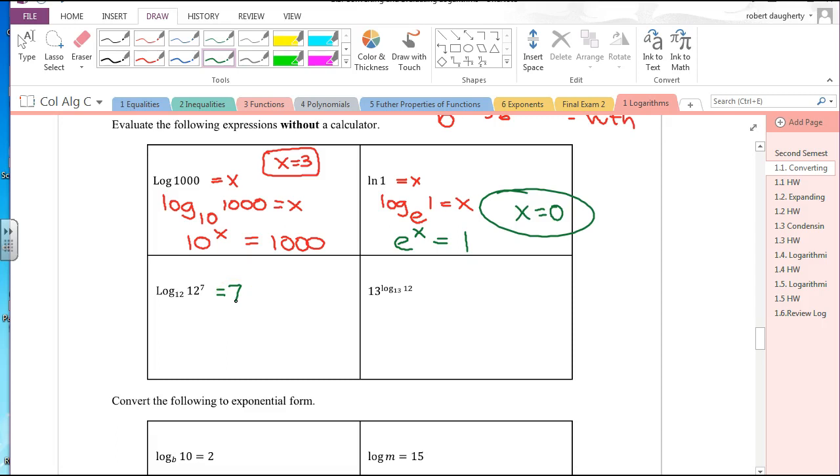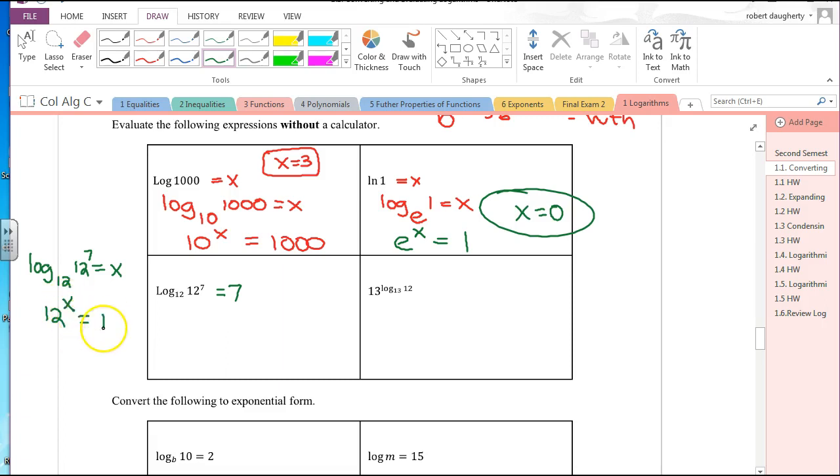Log base 12 of 12 to whatever the heck, I don't care what it is, okay? Log base 12 of 12 to something equals what you started with. It's that exponent, okay? Now, if you didn't know this, you could write the log base 12 of 12 to the 7th equal x. I'm trying to figure out what this is, okay? Where's my base? 12. In this log equation, where do I hide my exponent?